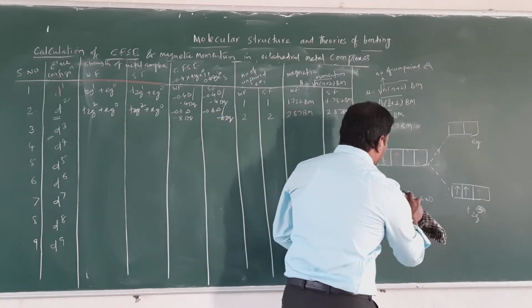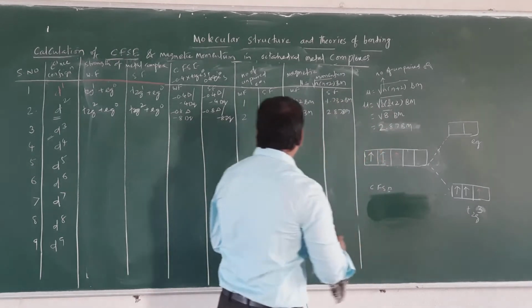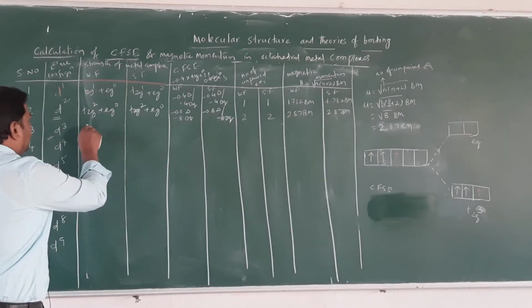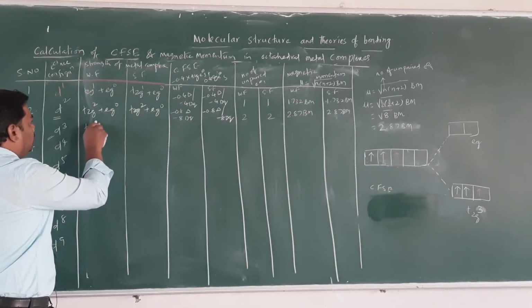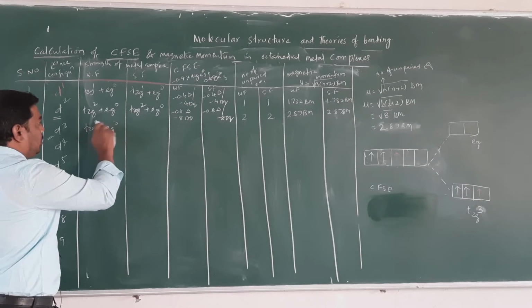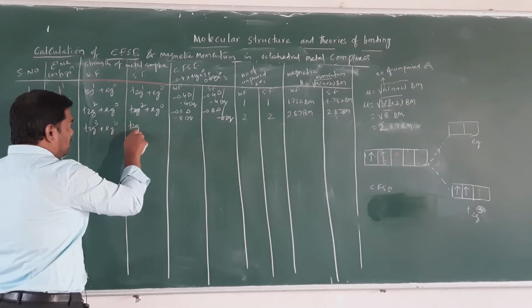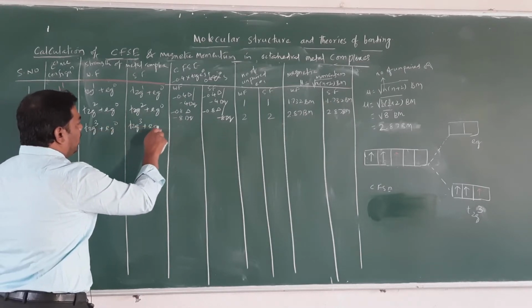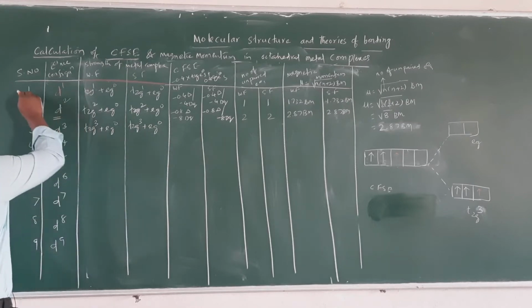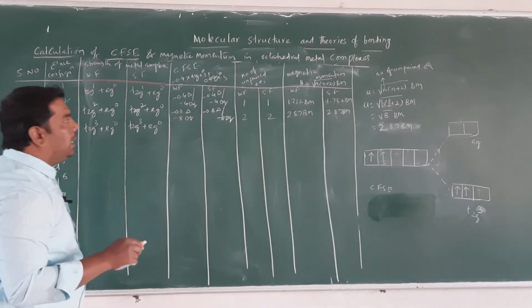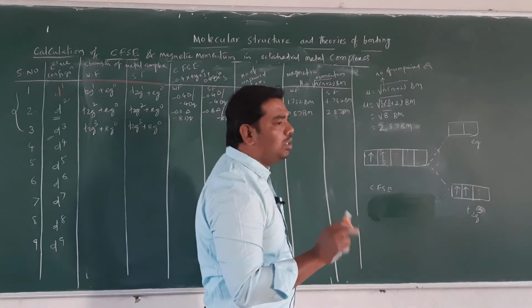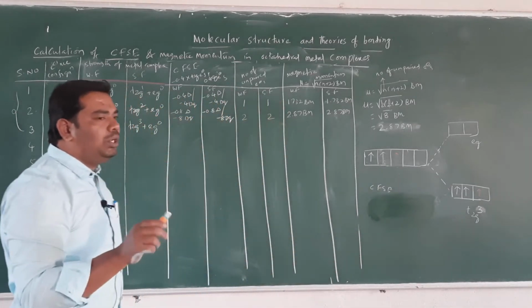This is similar for strong field metal complex also. So therefore the CFSE and magnetic moment values are similar for D1, D2, D3.